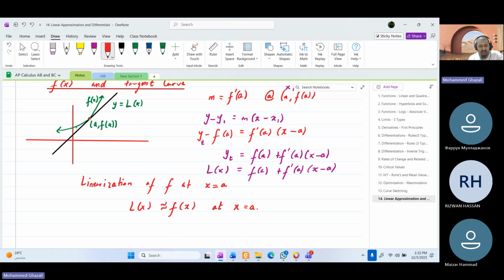Remember, f of x is some kind of exponential function in this case. So what is L of x now? Linear approximation, or you can also call it tangent line approximation.